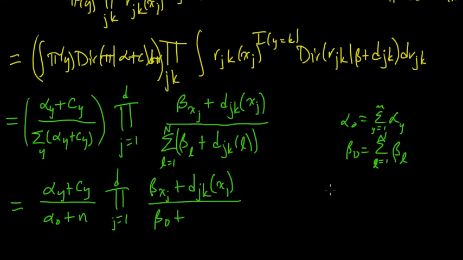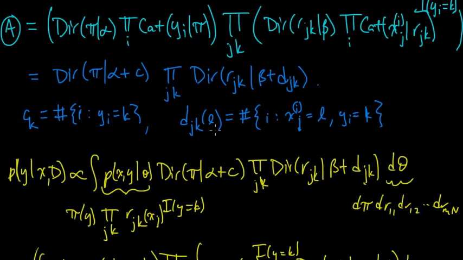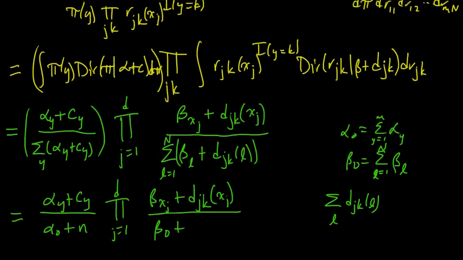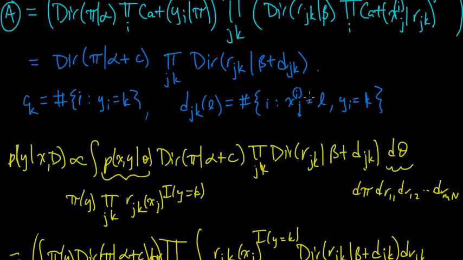And what's the sum of these d_jk's over l? Well, d_jk was the number of points for which the jth coordinate equals l and y equals k. And if we sum over l, for any point, the jth coordinate has to be equal to l for some l.